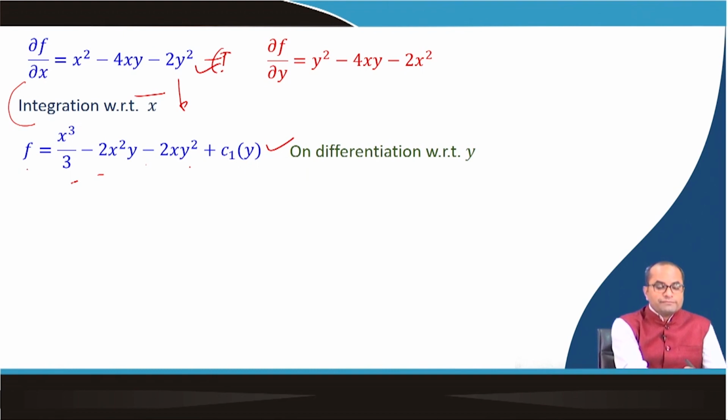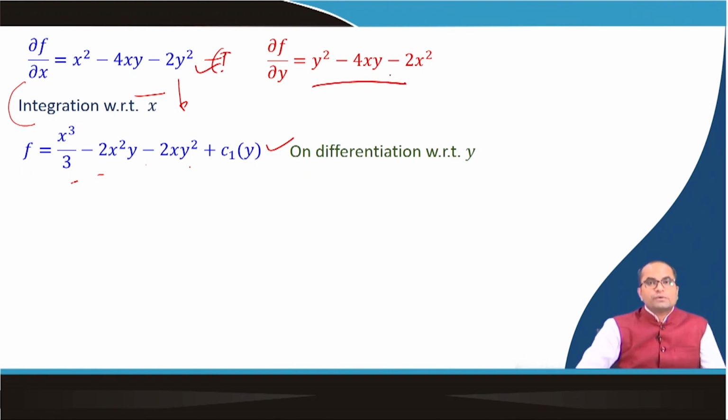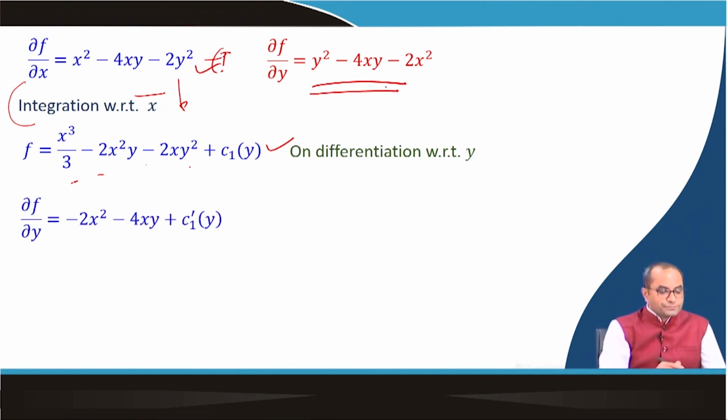Now, we have this f and we have also ∂f/∂y, another relation given to us. So, what we can do is differentiate this f with respect to y and then set it equal to y² - 4xy - 2x².